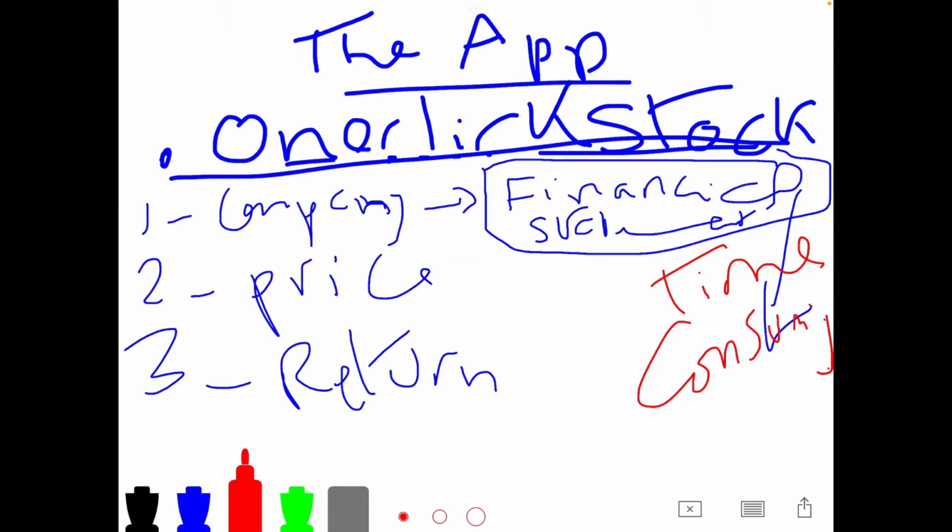A time-consuming process will most of the time make you either get tired of trying to find out whether it's good or bad, or miss other opportunities because you're spending a lot of time on one company.